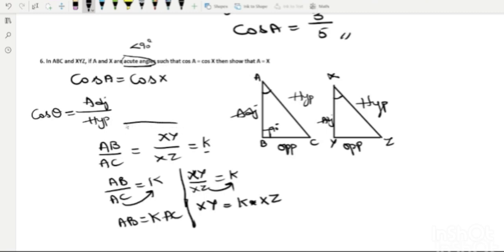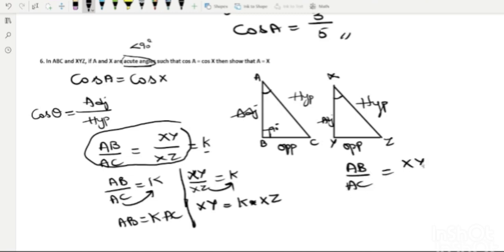If you see this clearly, you can write this term in a different way. Here he has given that AB upon AC equals XY upon XZ. So you can shift both these things here: AB upon XY equals AC upon XZ.